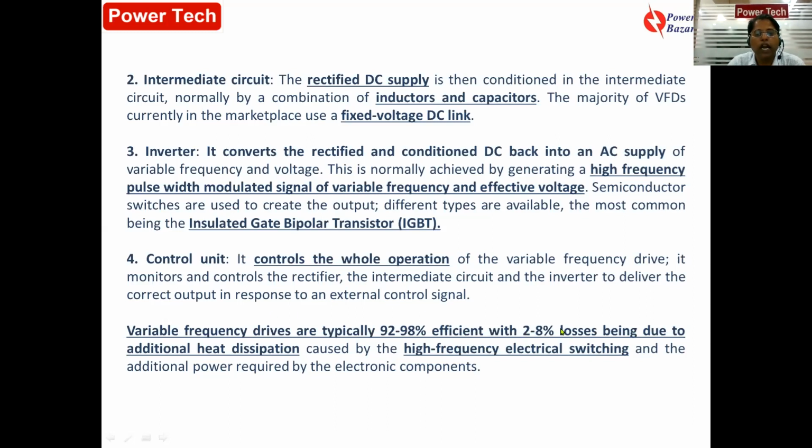Losses are 2 to 8%, but efficiency is 92 to 98%. So in case you don't require any speed control, you should not use these variable frequency drives. But for the purpose of speed control, you can utilize these variable frequency drives, which will give rise to energy efficiency.